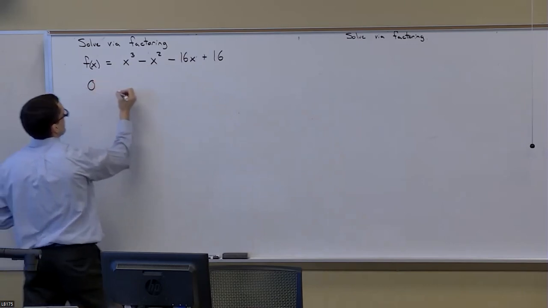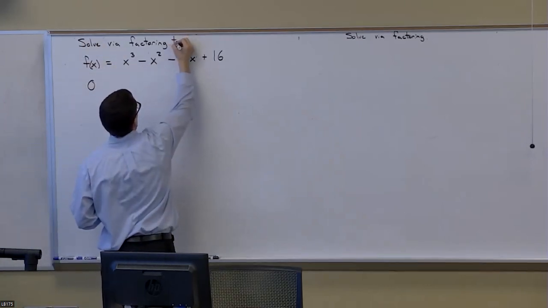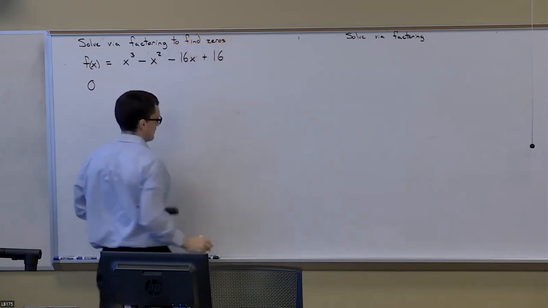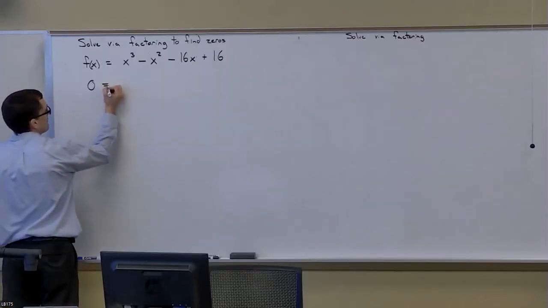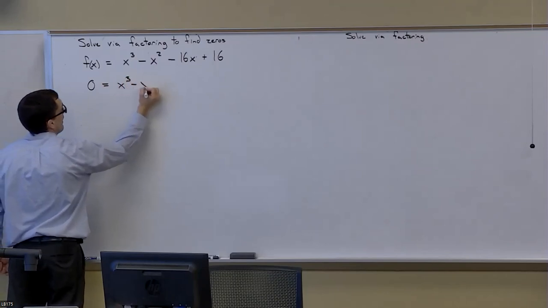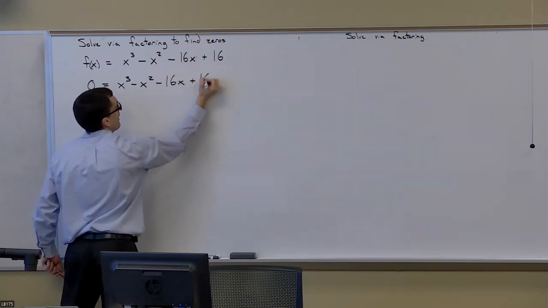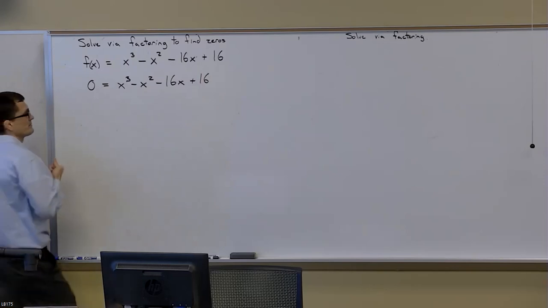Otherwise it's solve via factoring, you should say. You find x-intercepts. But find zeros, it doesn't matter. So first thing, set it equal to 0. Sorry. I'm gonna step ahead, but you guys know where we're going with this. So we're finding zeros still, trying to find x-intercepts.